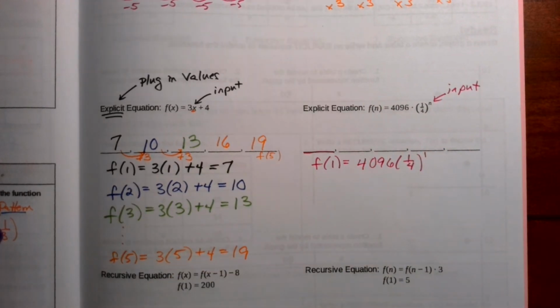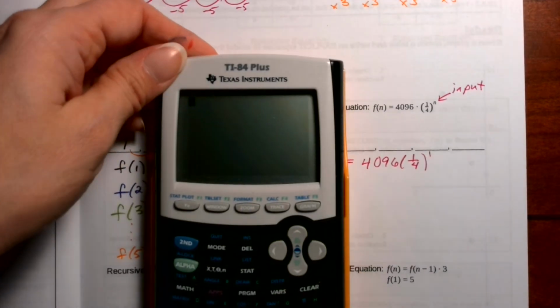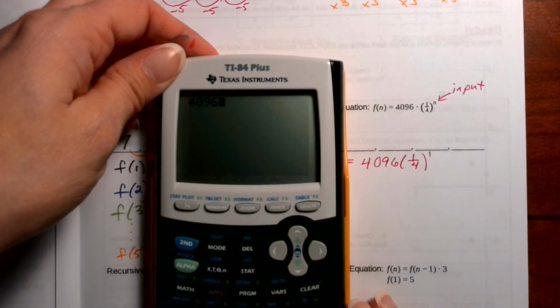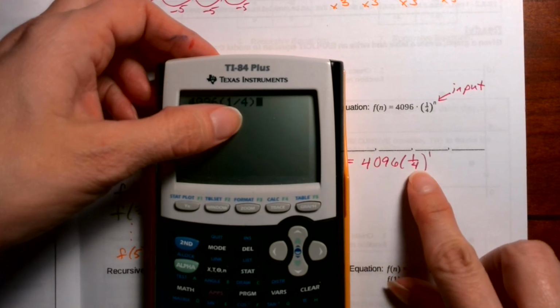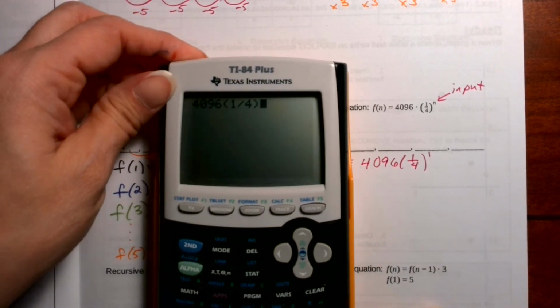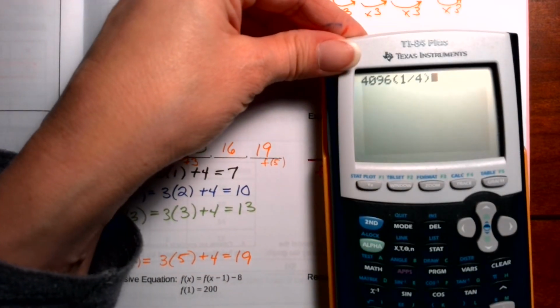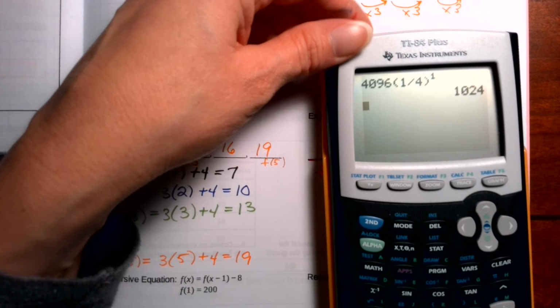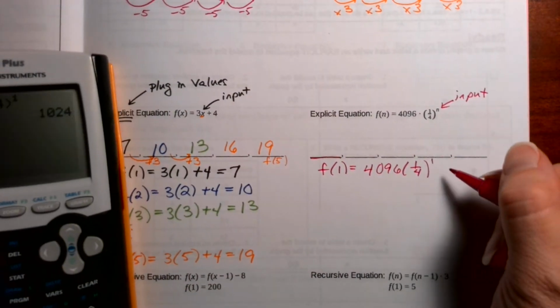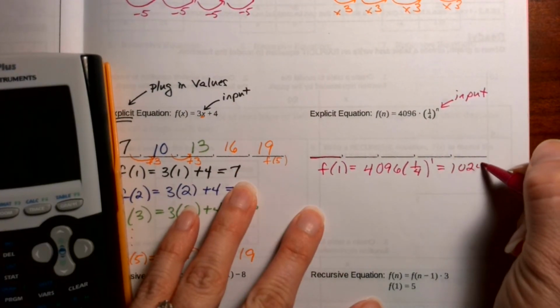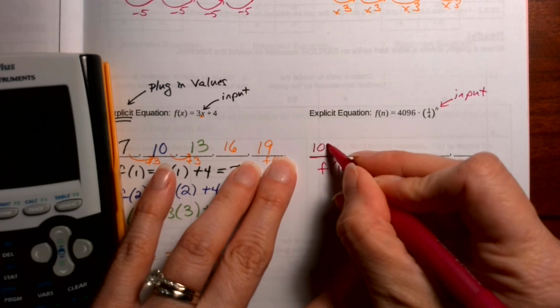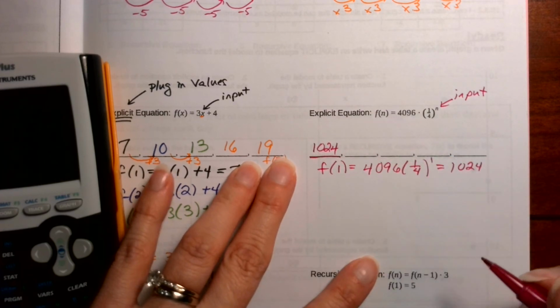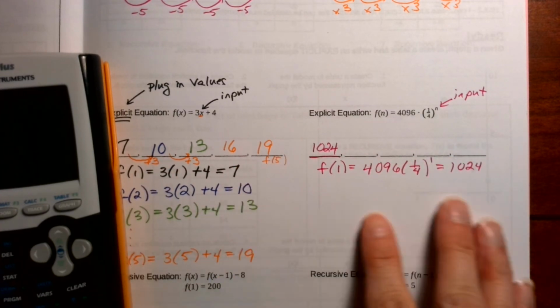Maybe I'll use my calculator for this one. 4,096 times 1 divided by 4 seems like an easy way to do the fraction. And we're going to put this to the power of 1. And the value is 1,024. So the first one is 1,024. But we're going to have to keep going with a couple more.